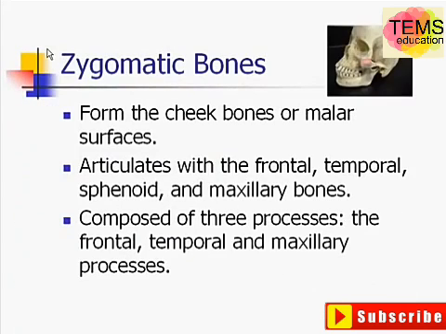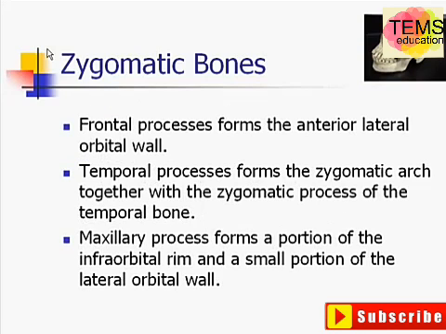The zygomatic bone, again, if somebody were to say that they broke their cheekbone, this is what they broke, the zygomatic bones. It's composed of 3 processes: the frontal, temporal, and maxillary. The frontal process of the zygomatic bone forms a portion of the orbital wall.